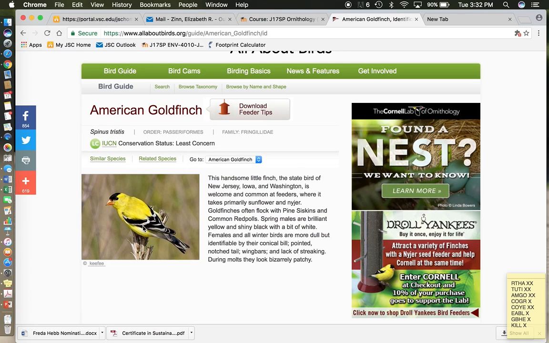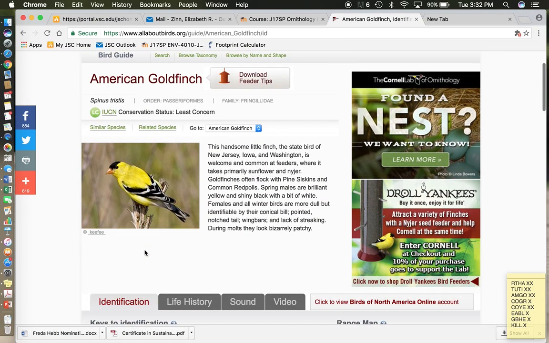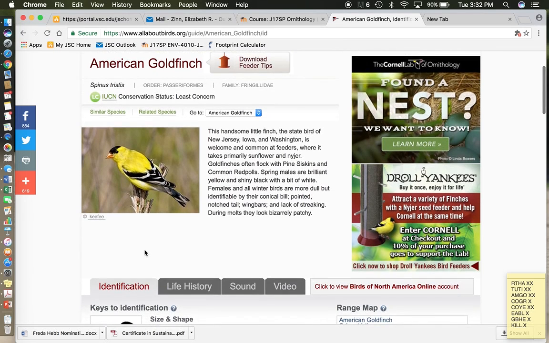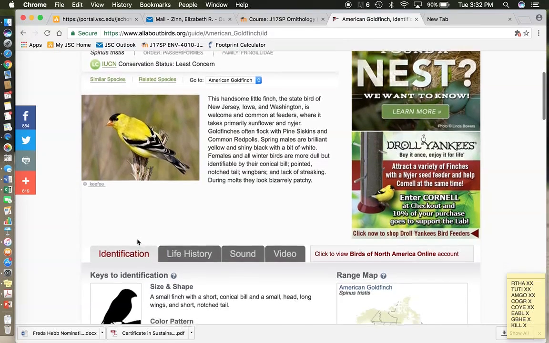It only does that part of the year. Although it's expensive, right? It's got to use the energy to grow a whole additional set of feathers a year. But it's a strategy that many birds do employ, especially the birds that are the brightest, because those are the ones that are going to stick out the most to predators. So it's an adaptation to allow them to have bright colors without having to be vulnerable all year round.